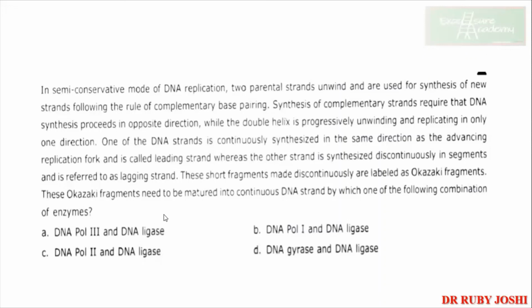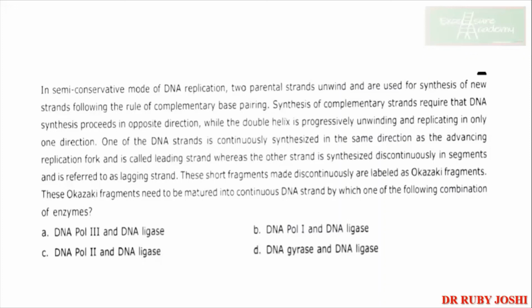DNA pol 3 works on the leading strand. It is more efficient at adding a lot more nucleotides compared to pol 1. DNA pol 3 is working on both the strands, leading and lagging, and it extends. But to fix the Okazaki fragments, you have to get in between the base pairs, and DNA pol 3 does not do that.